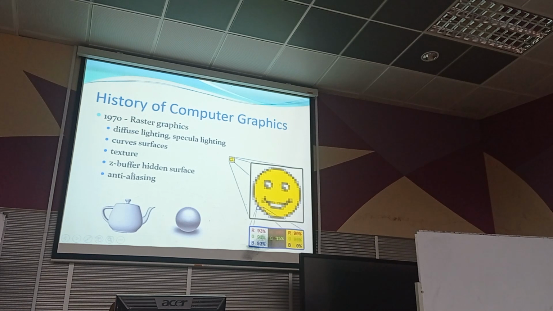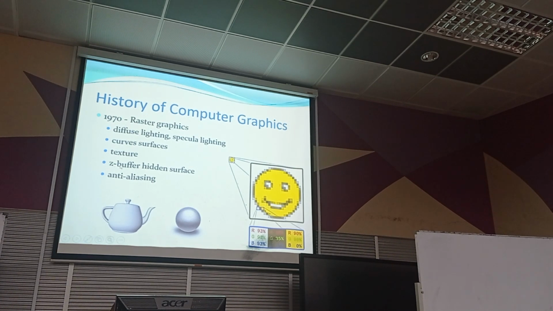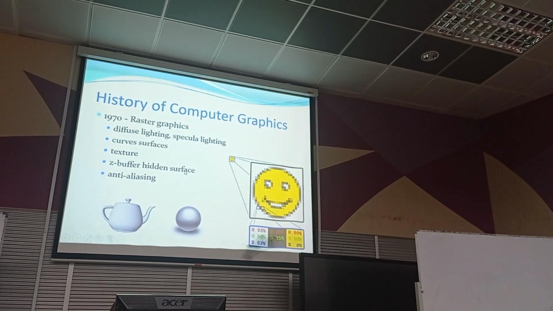These are the things that you will study later: texture, curve, lighting, hidden surface. When you have 3D, the back surface should be hidden. You only see the front face, the back cannot be seen. That is called Z buffer, hidden surface.